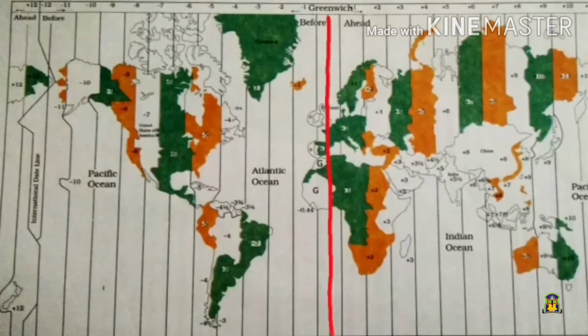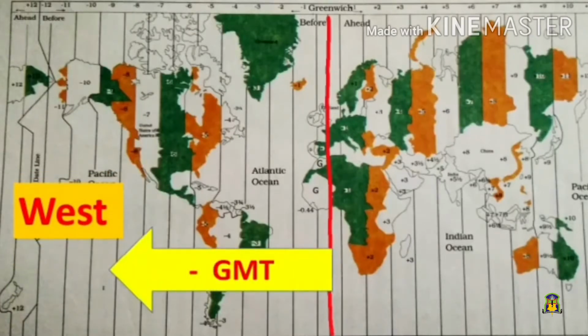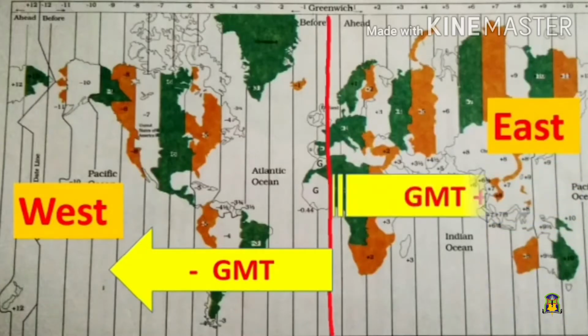It means the left of the Greenwich is west side and the time is subtracting. You can see it is mentioned with a minus sign. Then when we go to the east direction, the time is mentioned with a plus sign.